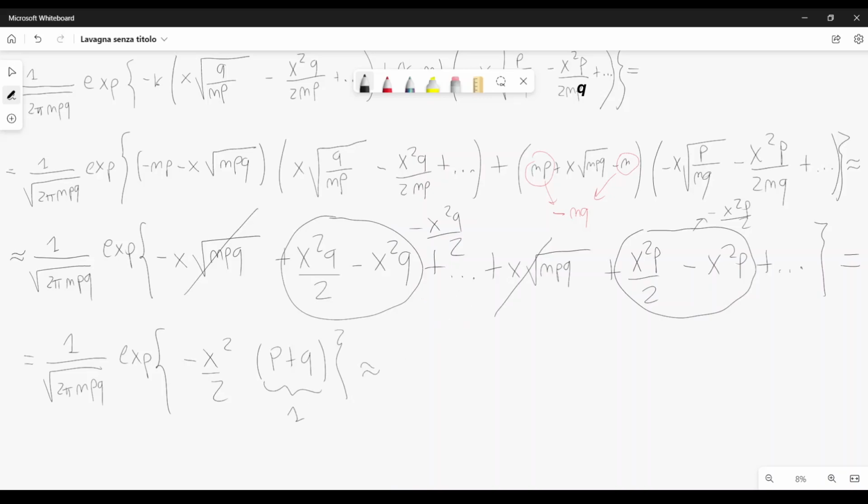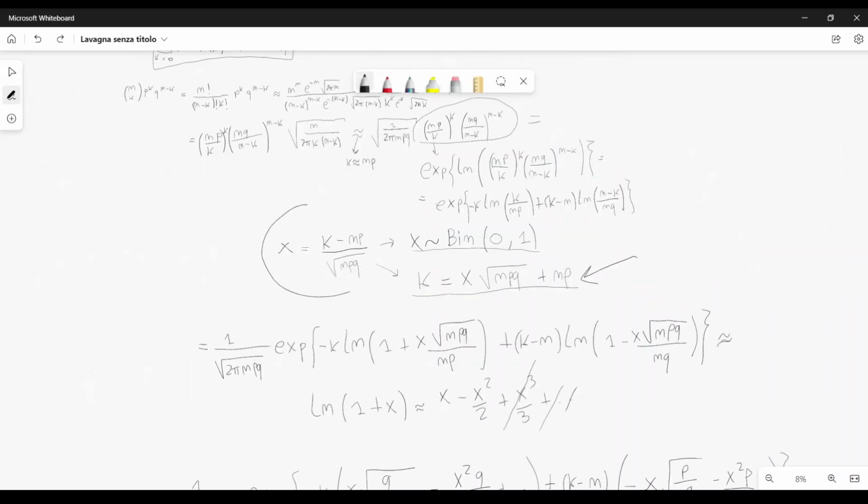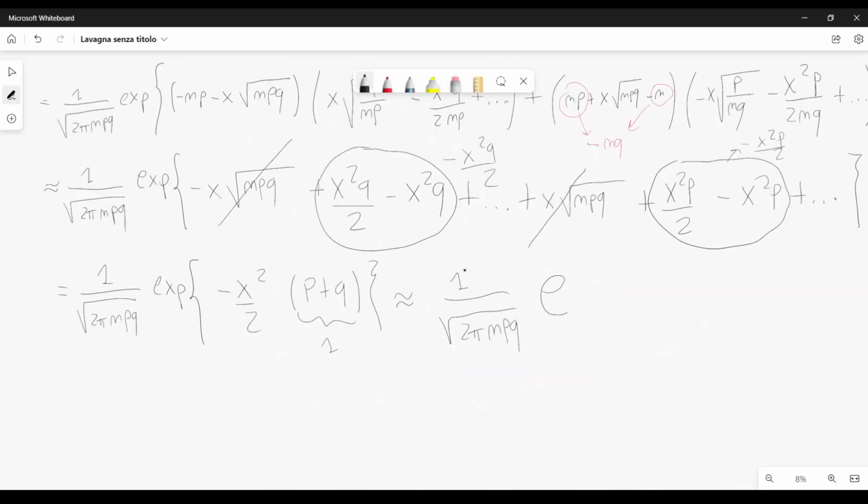So this gives me 1 over square root of 2 pi n pq, and then I have the exponential. Now I can rewrite it like this, e to the minus x squared over 2. But I will rewrite the expression for x that we wrote here. If I square that, I get minus k minus np squared over 2 npq.